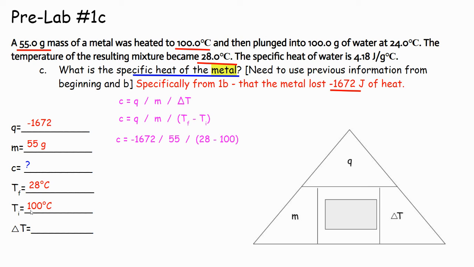Then it went into cold water, so it starts to cool down as the water heated up. The metal cooled down to 28 degrees Celsius. So that's why it's a negative delta T. And this came out to 0.42 joules per gram degree Celsius. And that is how you're going to end up doing one part of your lab on Monday.